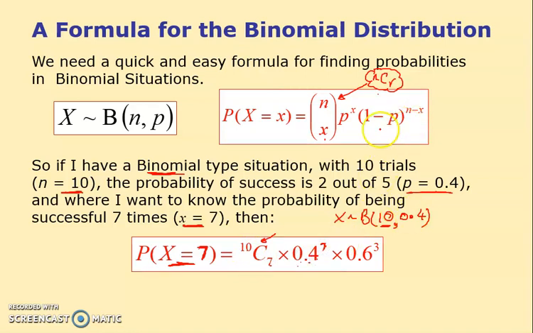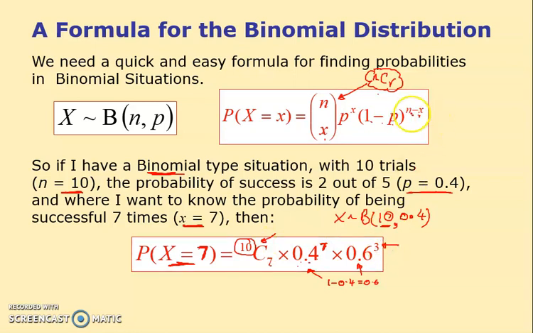But then my formula says 1 minus p to the n minus x. Notice 1 minus p, if p is 0.4, 1 minus 0.4 equals 0.6, and that's why this has appeared. If I'm doing it 10 times and I'm successful 7 times, I'm unsuccessful 3 times. That's what that is meant to be.